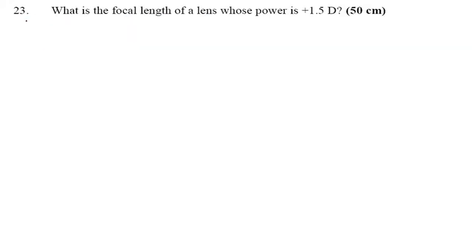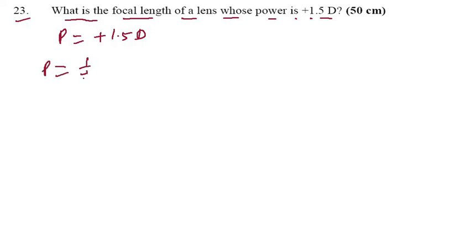Now come to the 23rd. What is the focal length of a lens whose power is given as 1.5? So power is given as plus 1.5 D. The formula is P is equal to 1 upon f in meters. Power is given as plus 1.5, and here is 1 upon f in meters.